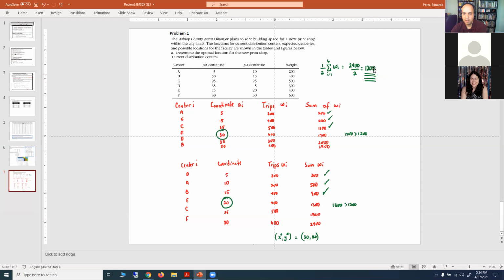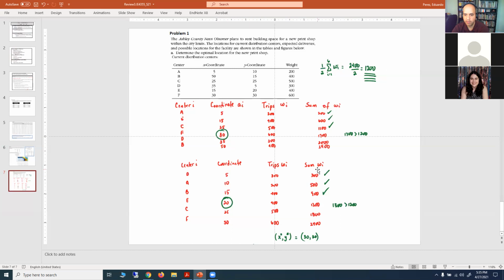And now using this cutoff point, I need to identify where in these aggregate values I have a value that is greater than 1200. So in this case, that would be this value, 1700, and that is associated with this coordinate value of 30.